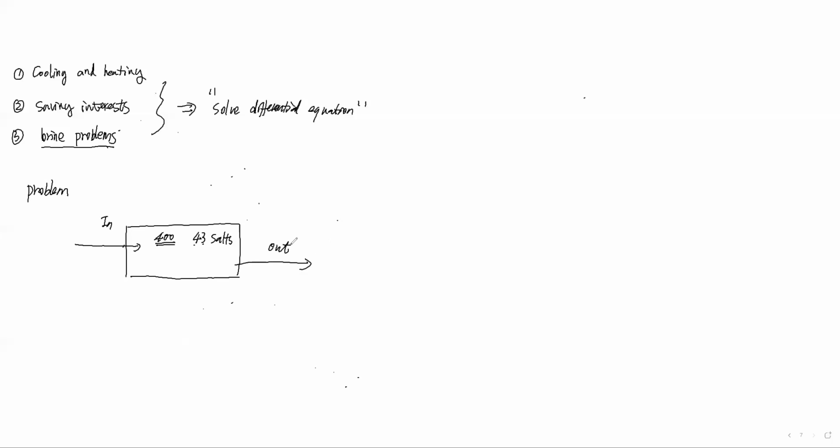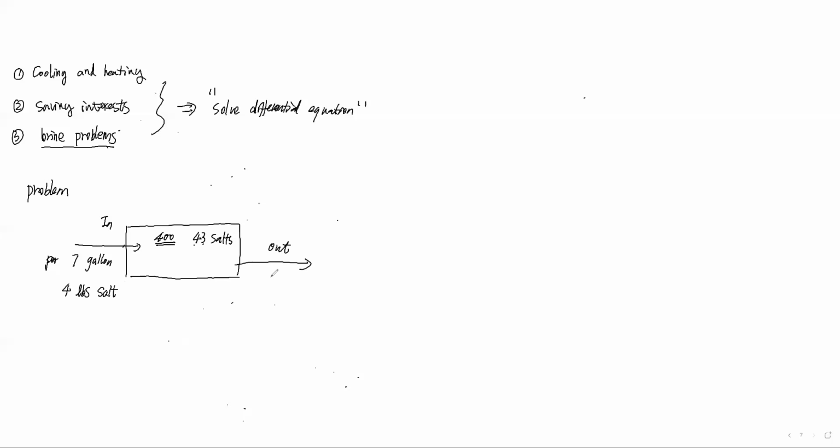So how does the water get in? We have 7 gallons per minute coming in, but the 7 gallons of water contain 4 pounds of salt per gallon, right?